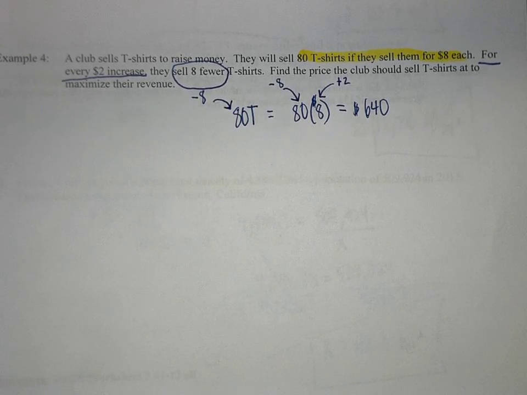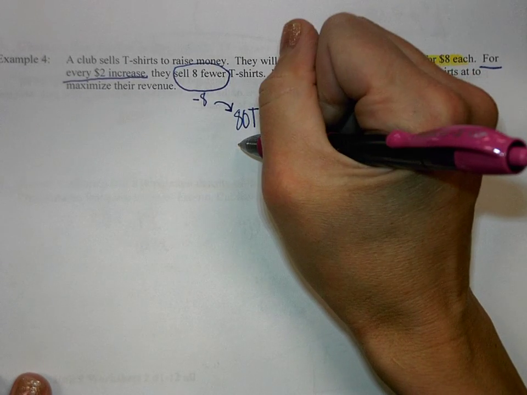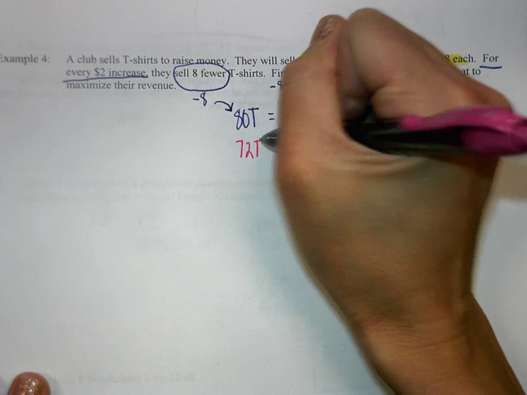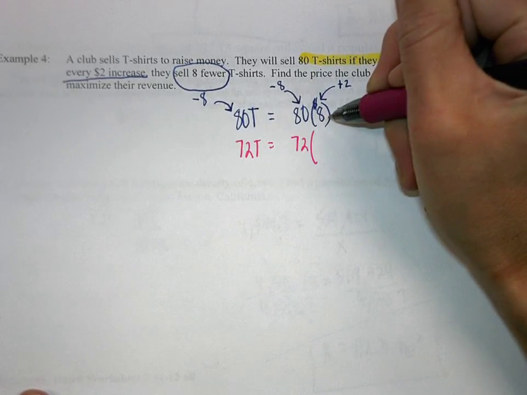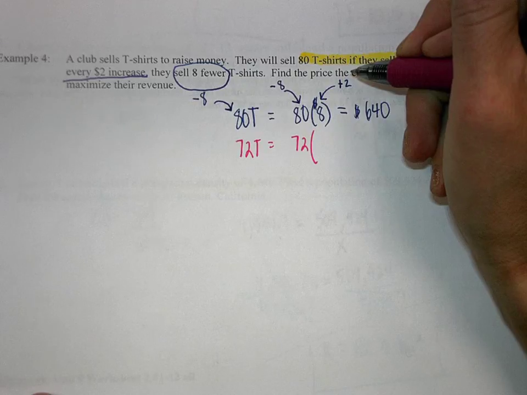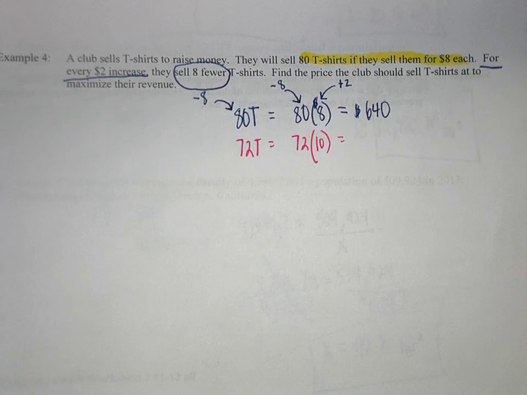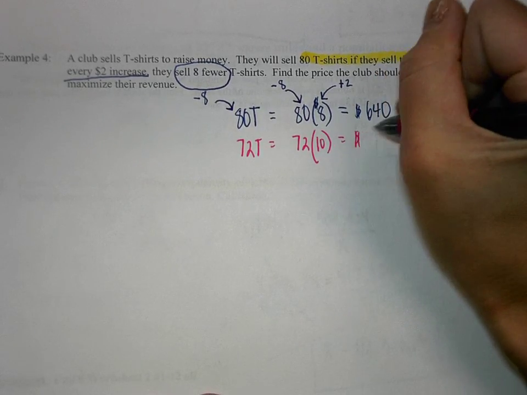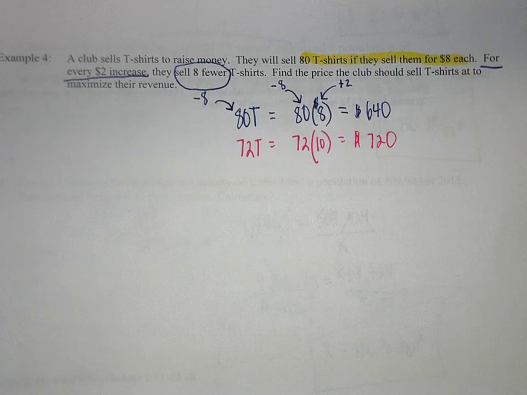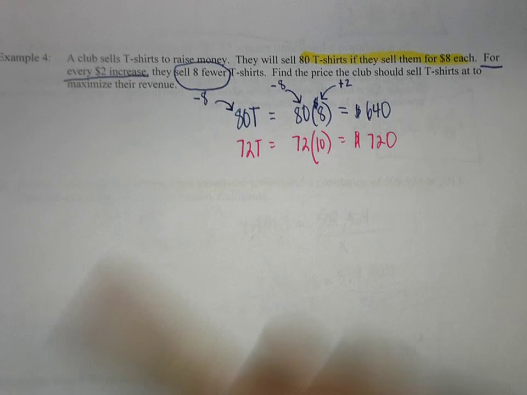So I'm going to subtract 8 from 80, which makes it what? 72 t-shirts, which would be 72 times, but we're going to increase by $2, which makes that a 10. And so we multiply, and I end up getting how much? $720. Okay, so we're going to do the same thing, and see how it went up in price? Okay, so 72 minus 8 will give me what?